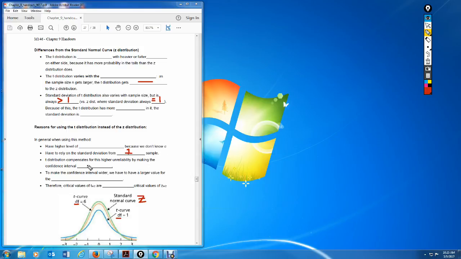The t-distribution compensates for this by making the confidence interval wider. In order to make the confidence interval wider, we need a larger value for the margin of error, E. So in order to get that larger value for E, the critical values of t have to be larger than the critical values of z.